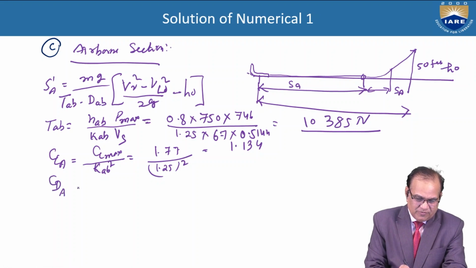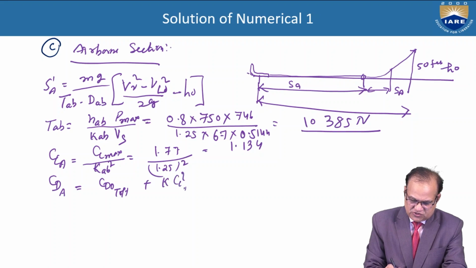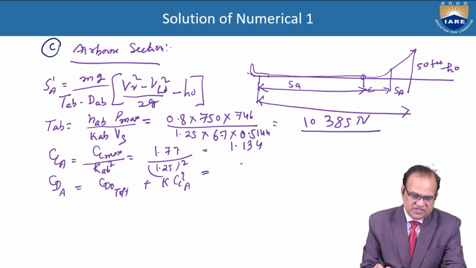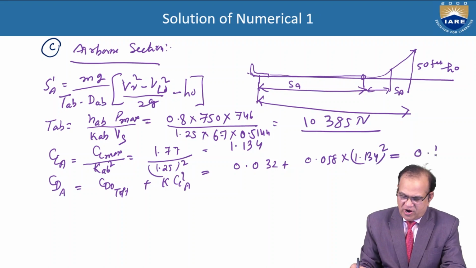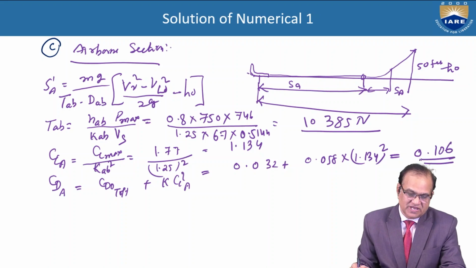Total CD at airborne is equal to CD naught at takeoff plus K CL square. So this you will get 0.032 plus K is equal to 0.058 into CL square, 1.134 square. So this you will get 0.106. This is the drag.